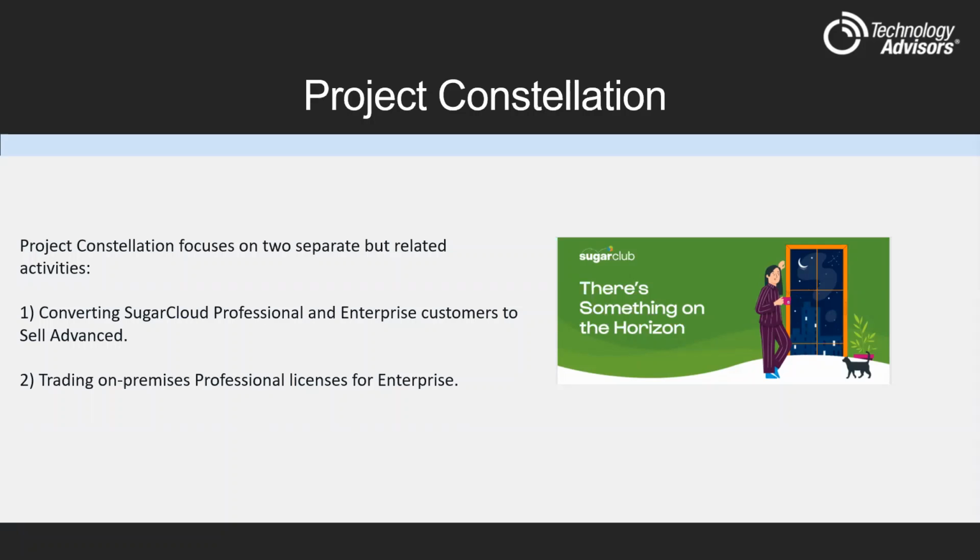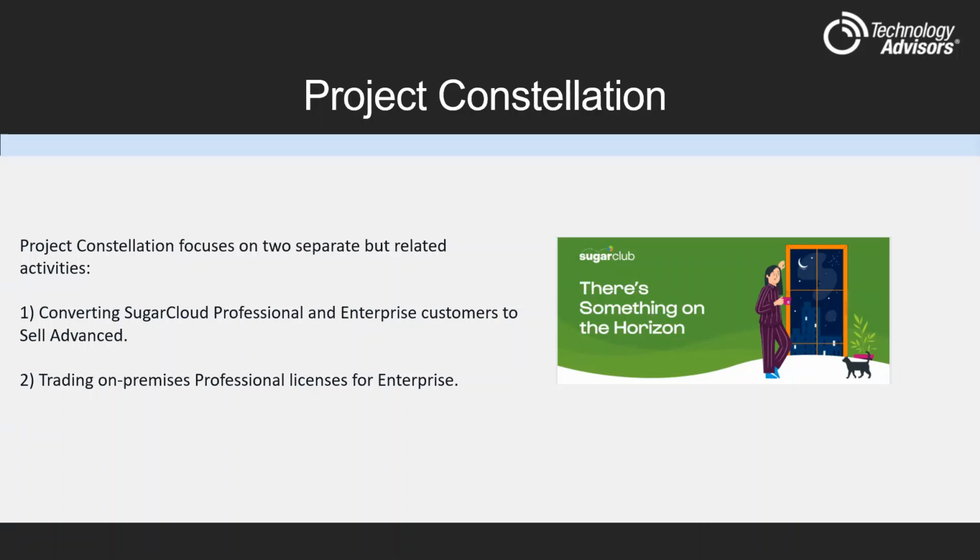Sugar started running this conversion program because they received some negative survey responses. The marketing team reached out to existing Professional and Enterprise customers and found that they felt like they weren't getting the most out of Sugar. Over the last couple of years, all of the new features and functionality was really being pushed into the new cloud suite, Sell and Serve.